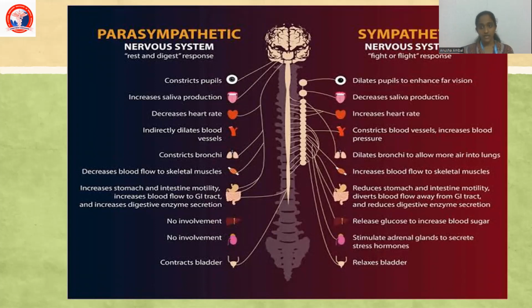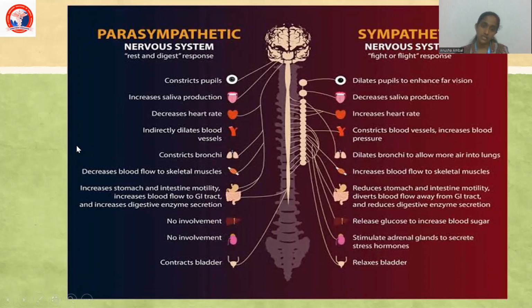On the whole, epinephrine release will be high. It will secrete a lot, and its actions are what we discussed before. Whatever is on the right side is the action of adrenaline and noradrenaline.